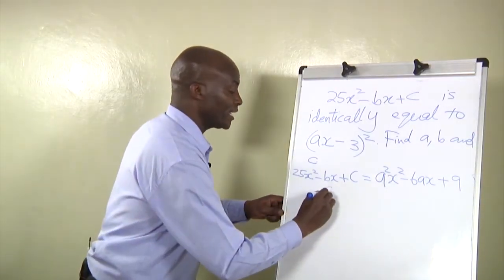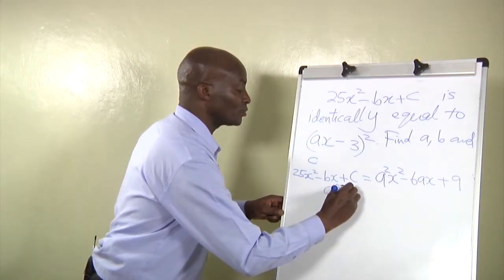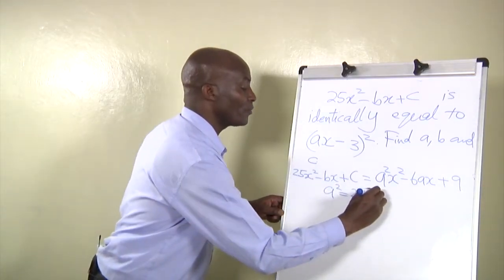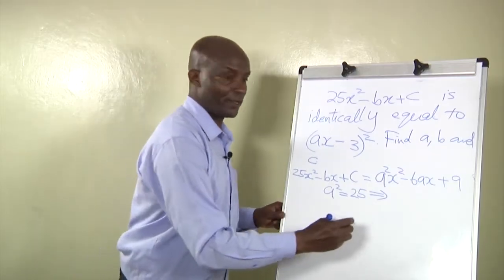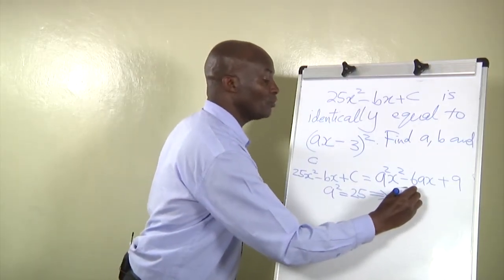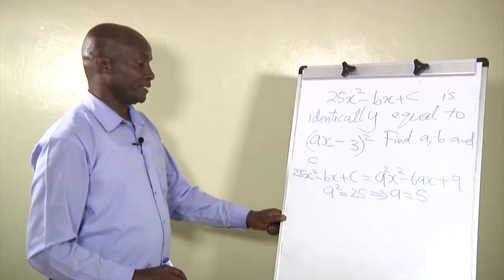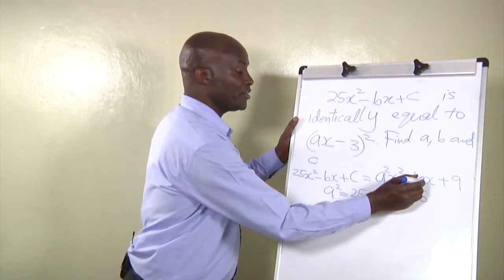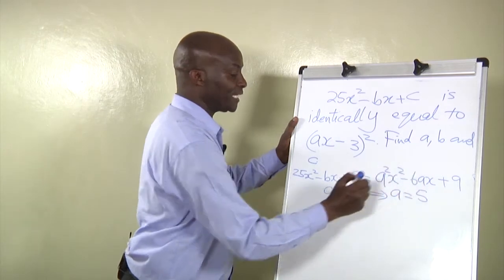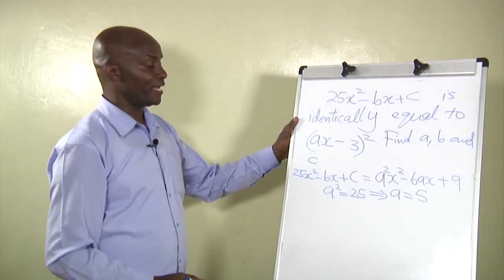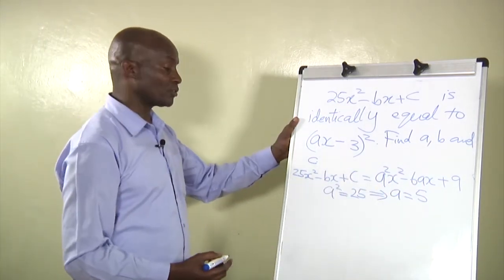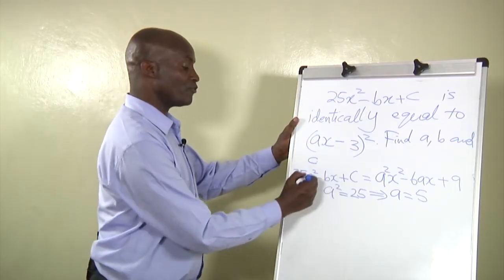Therefore, a squared is equal to 25, which makes the conclusion that a is equal to 5. Secondly, for the middle term, we have negative 6a, not just 6a. Negative 6a is equal to negative b.